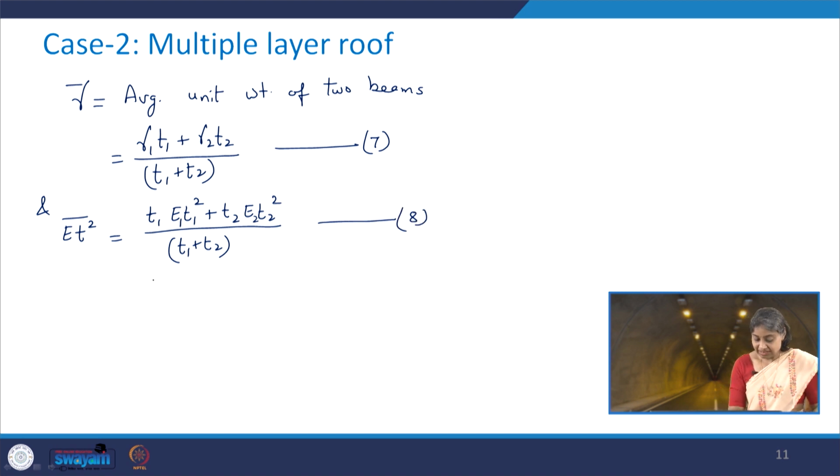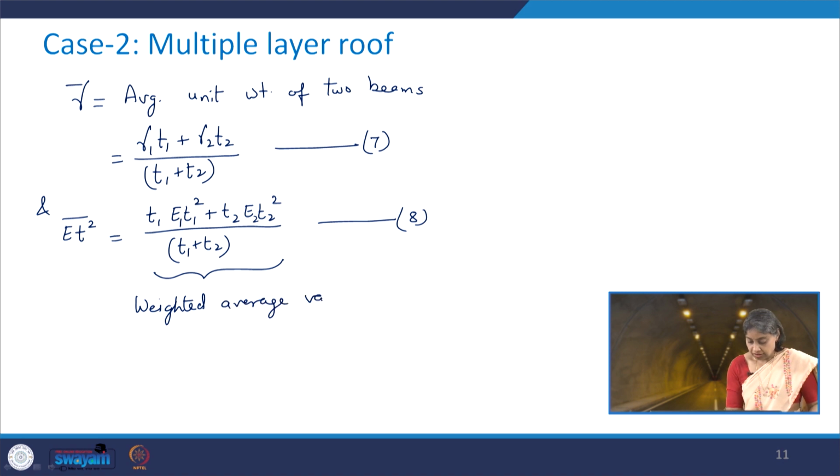So, basically this is weighted average value of E T square for both the beams.